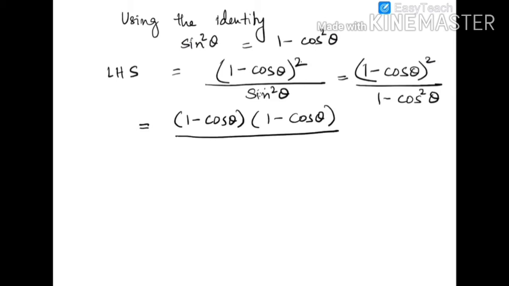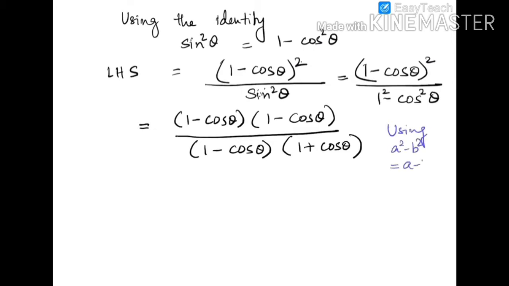The denominator is a square minus b square type. So we can write the denominator as 1 minus cos theta into 1 plus cos theta, using a square minus b square as a minus b into a plus b.